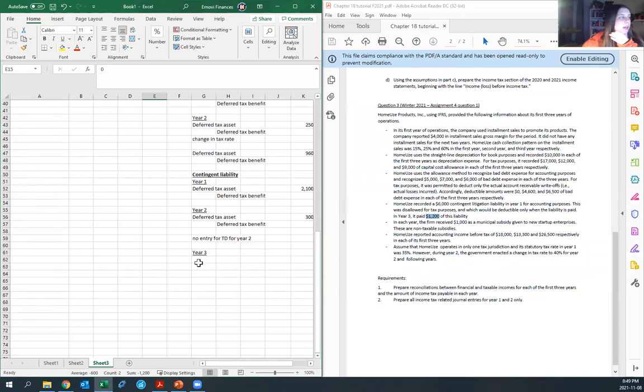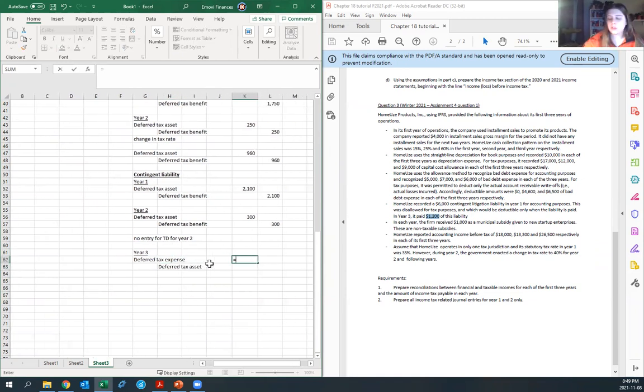So it would have been a deferred tax expense to deferred tax asset, 1,200 times 40%. Yeah, that's for year 3.